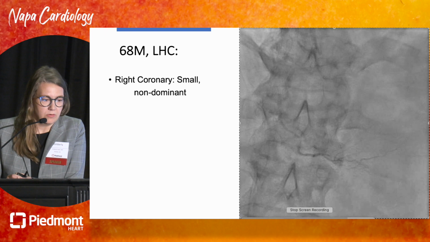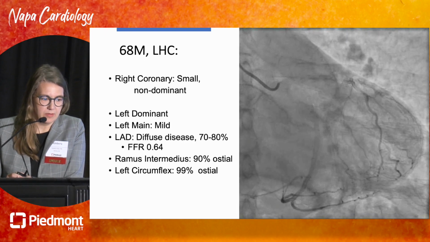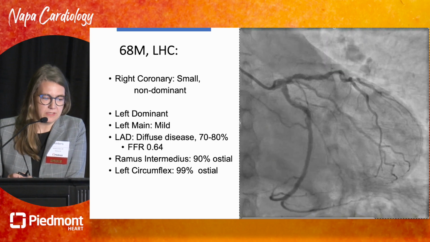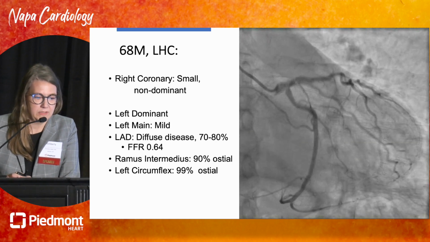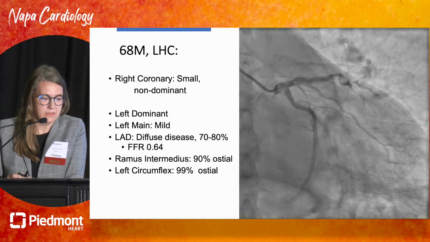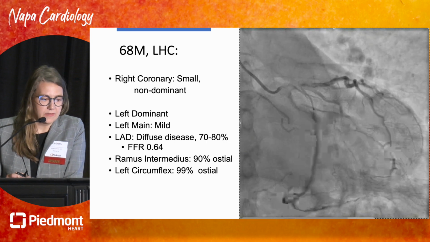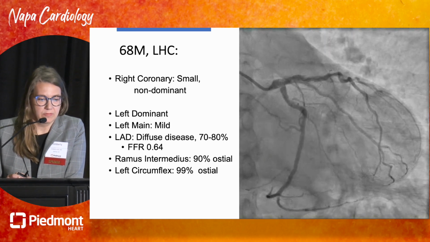His right coronary was small and non-dominant. His left side was dominant, with mild left main disease, however diffuse, and some proximal disease of the LAD, ostial ramus disease, and ostial disease of the circumflex.